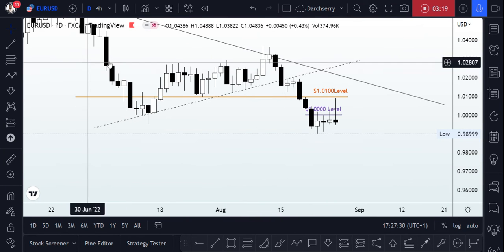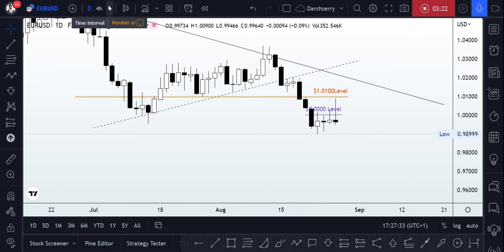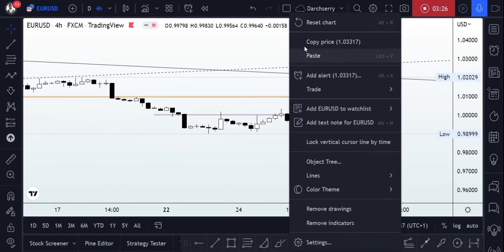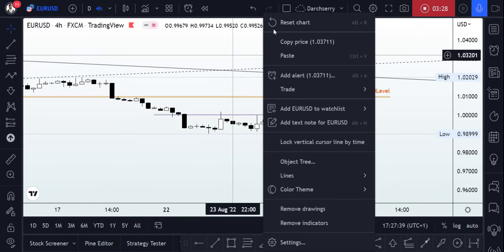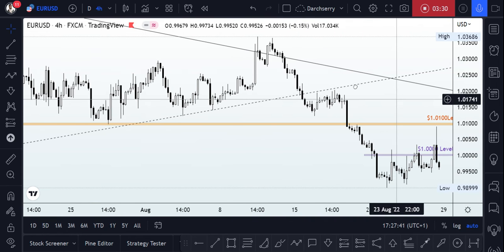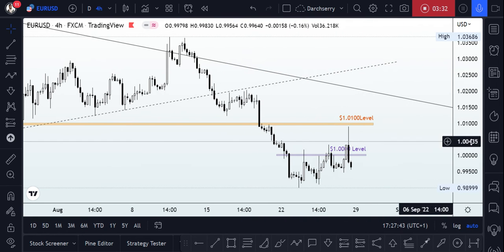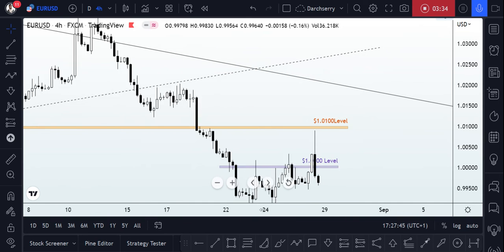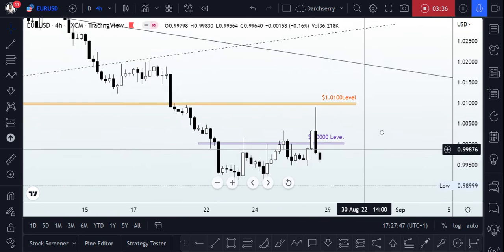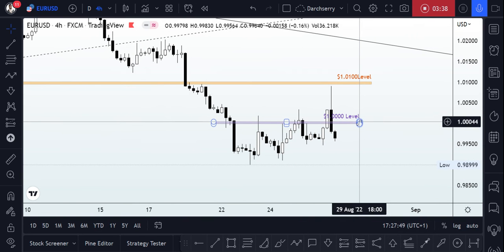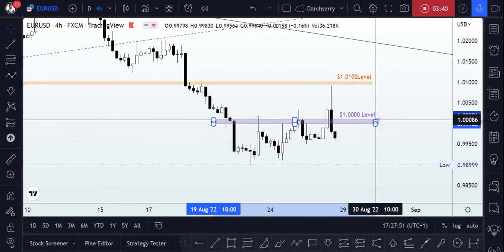So let's scale down to a much lower time frame where we want to see things more clearly. On the 4 hours time frame, let's look at the consolidation phase we have identified here, and let's see how we can use it to make a judgment for this week.